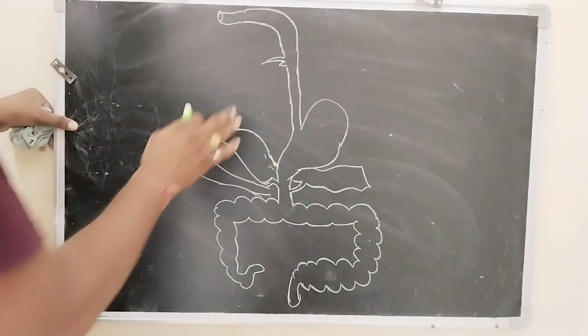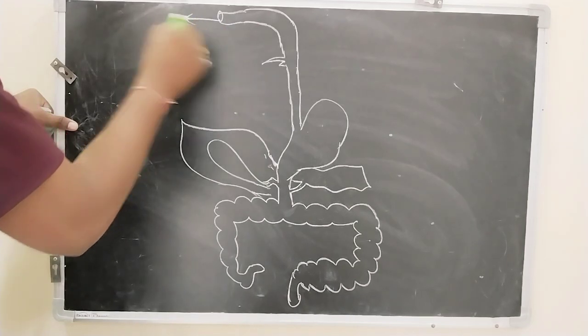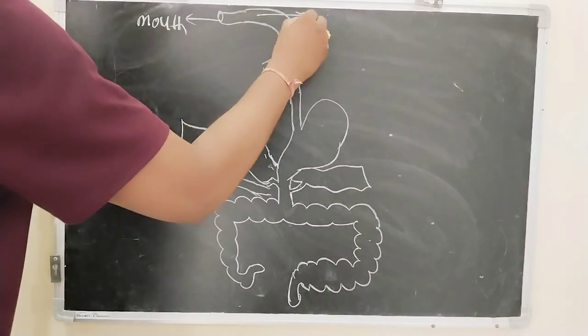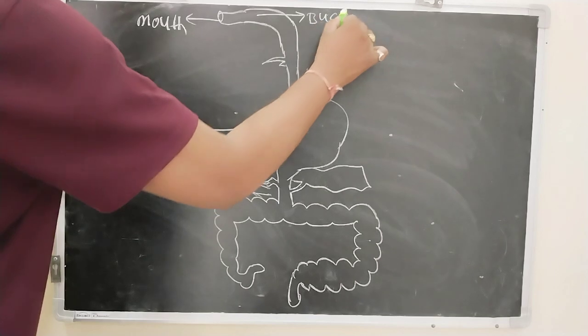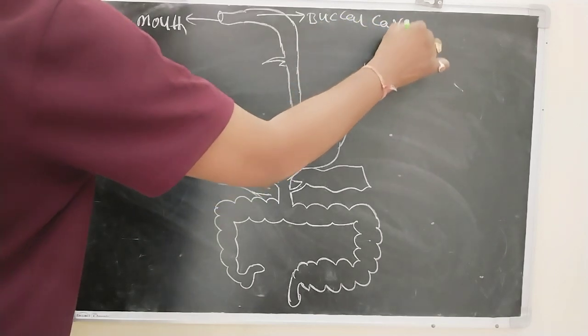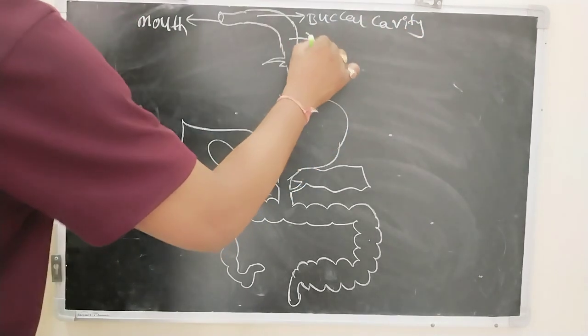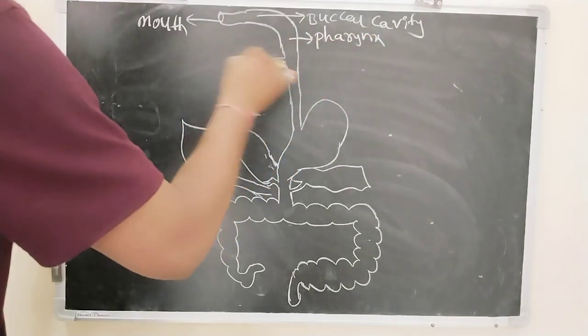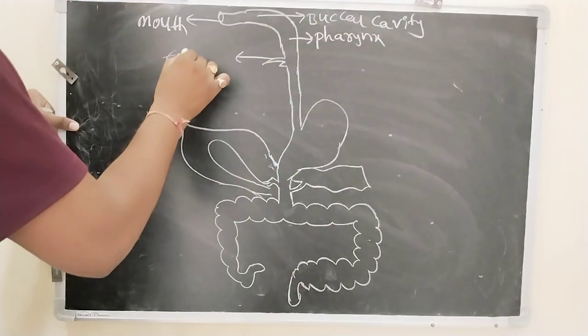See, the first part is the mouth, and this is the oral cavity or buccal cavity. This is the pharynx, this is the epiglottis.